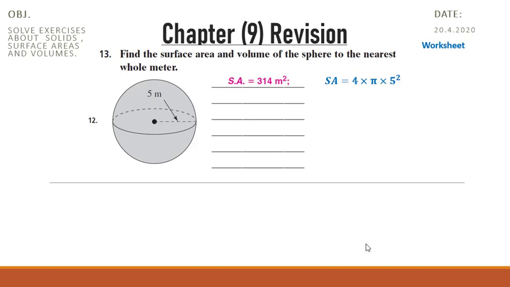Start with the rule. 4 over 3 pi r cubed, right? Yes. Great. And of course here we have r, the radius is 5. Just use your calculator, you find the answer.